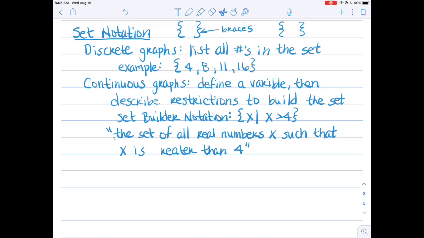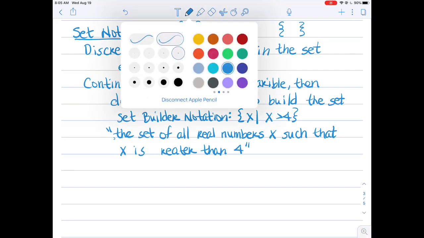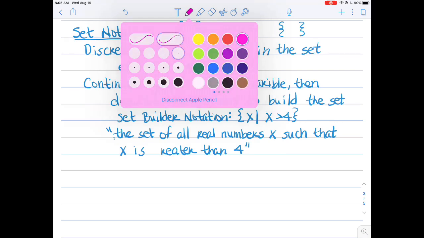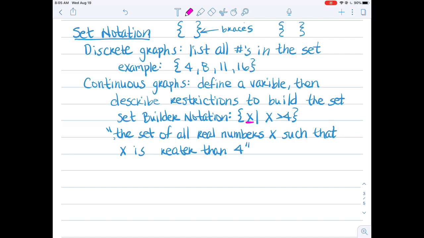So the way that you would read this, the x right here in the braces means the set of all real numbers x. Just by writing x in that fancy brace, we get to say all of those words.